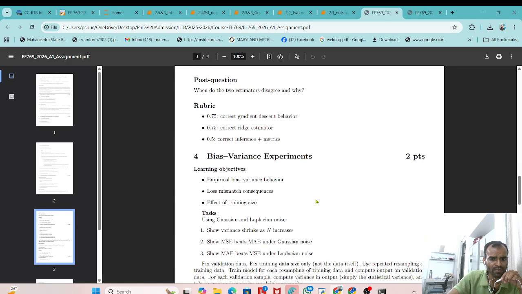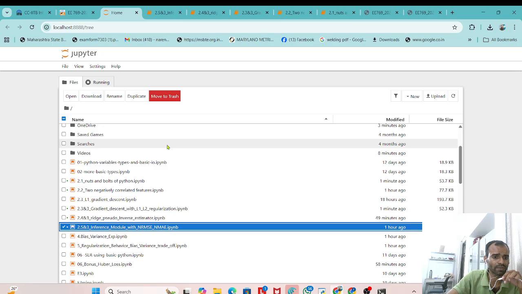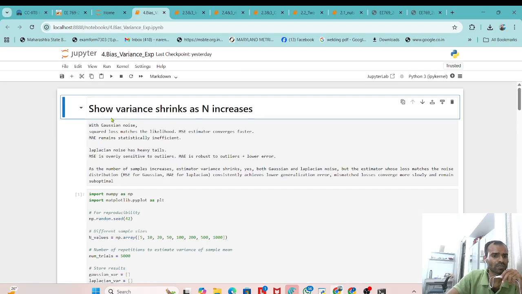Now we will move to the bias variance experiments. We will explain the bias variance experiment. In that, we show the variance shrinks as n increases. If the sample size increases, then the estimated Gaussian, or Laplacian, means the model is moving to accuracy.